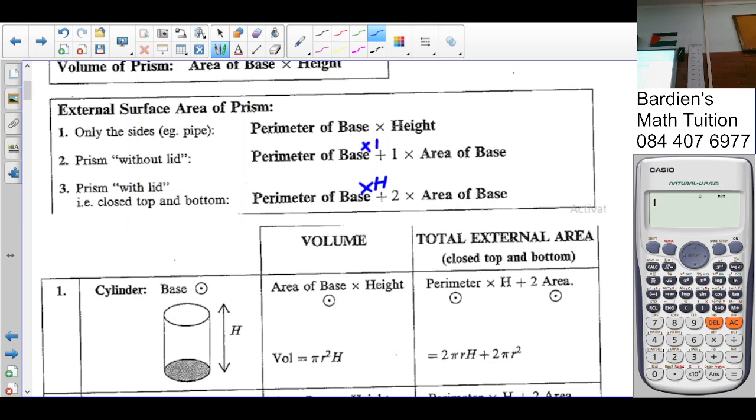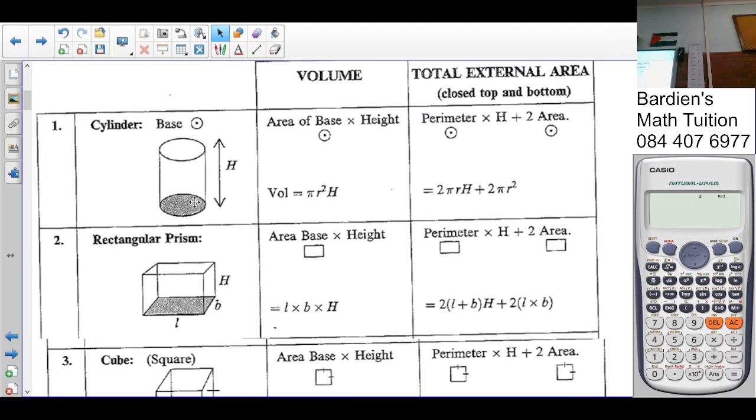Put it times height. What do you think, must the H be there or not be there? It has to be there.